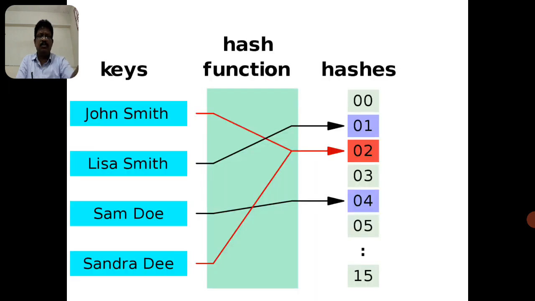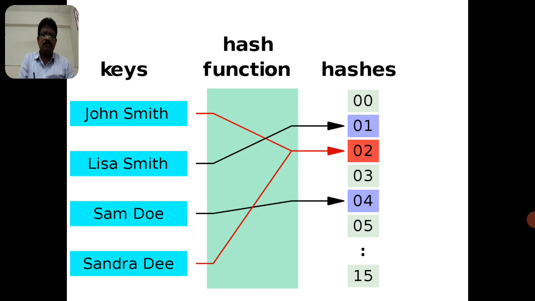Now you can observe the keys. John Smith is one of the keys, that is, the name of the key. That name is identified to one of the hashes with the help of the hash function. We already said the input of the hash function is non-numeric, and the non-numeric is converted into a numerical value.